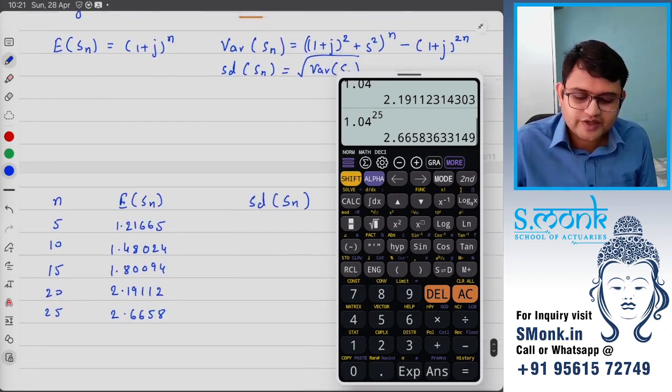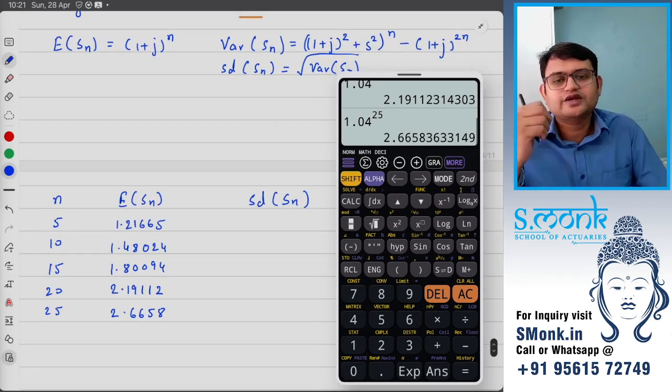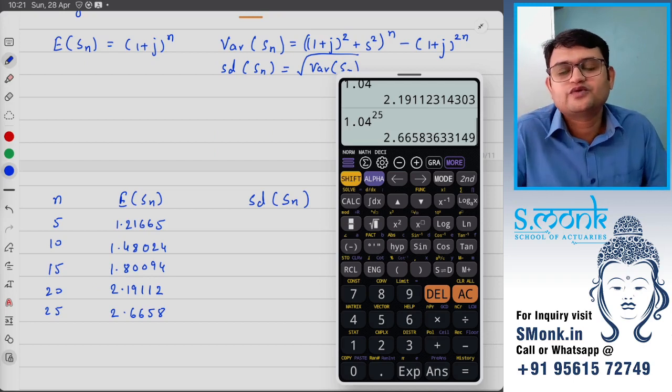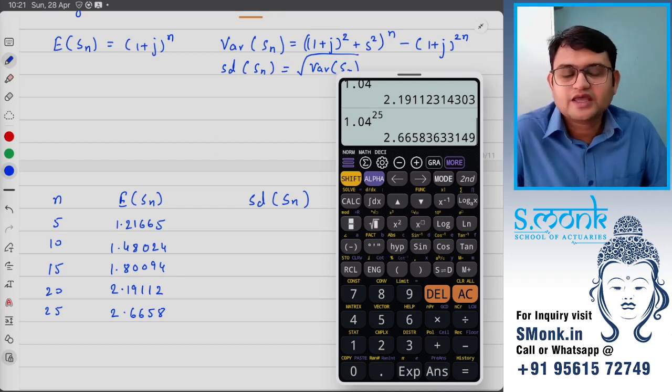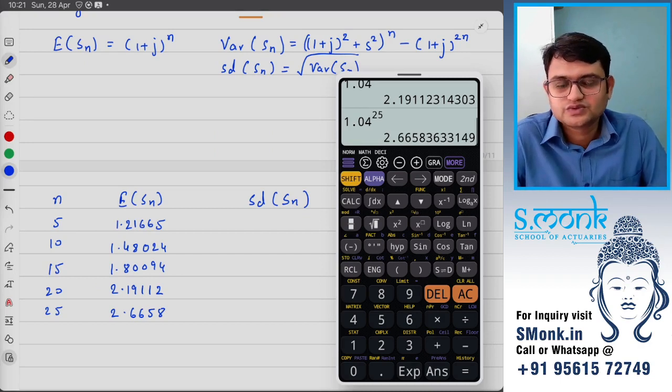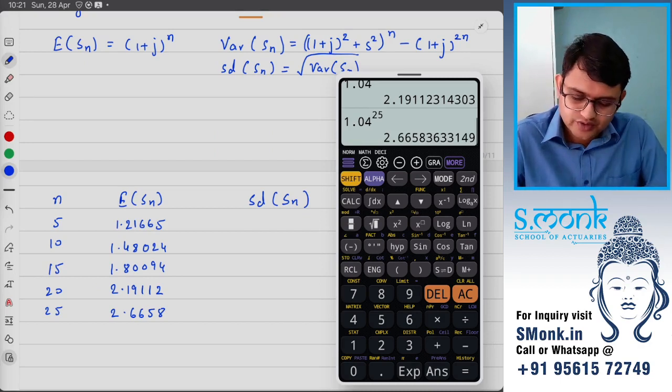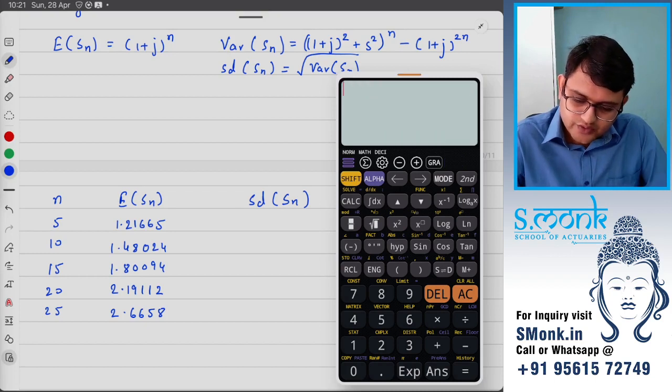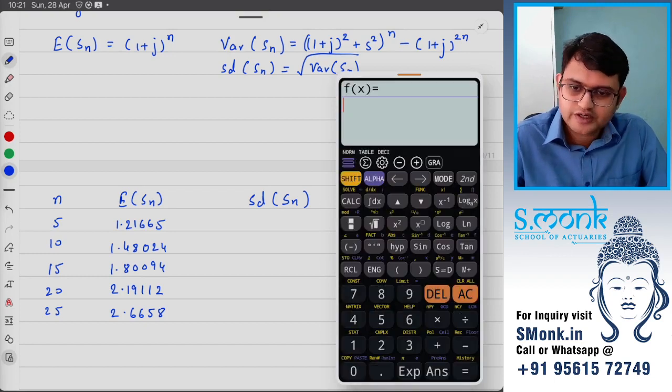Now one more thing we can do is, rather than calculating this for each one of the values of n, I can make just a formula and use table mode to find all of these values. What I'll do is, say mode table, I'll write the formula here first.